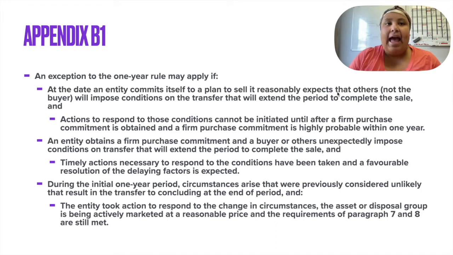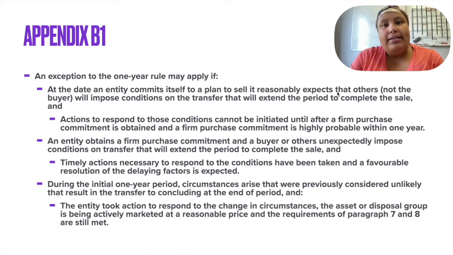Okay, so something happened that was previously considered unlikely, and now the entity has taken action to respond to those changes, and the asset or disposal group is still actively marketed at a reasonable price, and the requirements of paragraphs 7 and 8 are still being met. So if we still have this situation, then of course we have this 1 year rule exception, and we can still classify this non-current asset as held for sale.